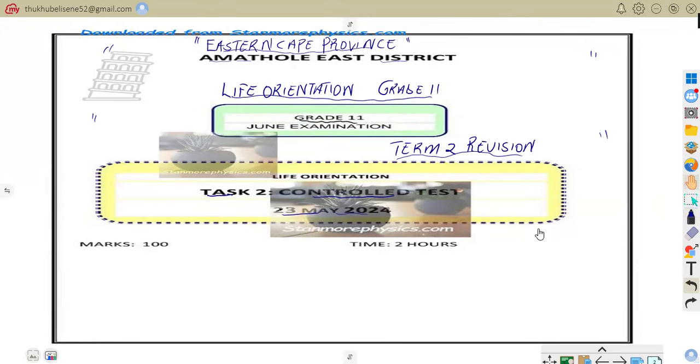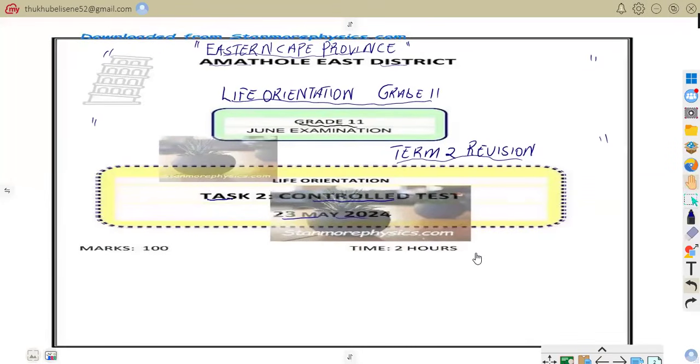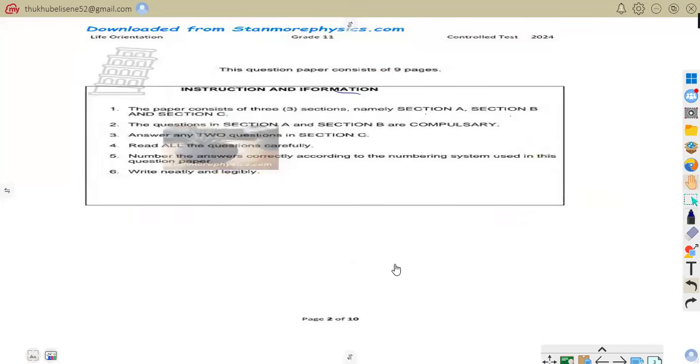So without wasting much time, let us look at the instructions and information. You are to go through these instructions. They are very important, so make sure, Grade 11s, that you go through them.